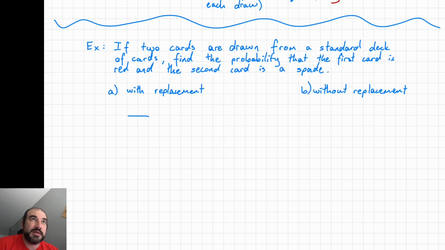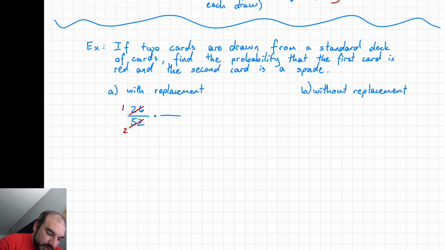The probability that the first card is red is, good, 26 out of 52, or we can simplify to 1/2. I'm actually going to show it as 26 out of 52, and I'll show the simplification process where we divide both the top and the bottom, so they become a 1 and a 2.